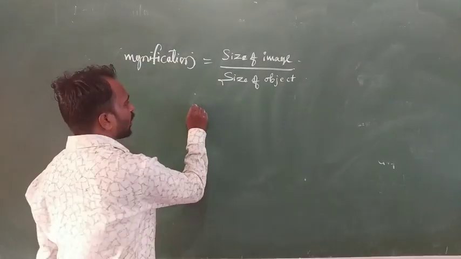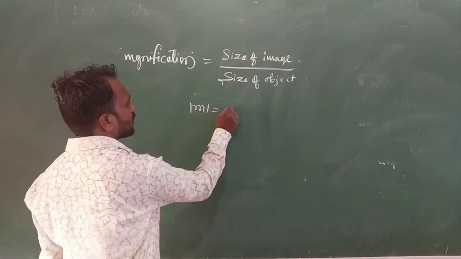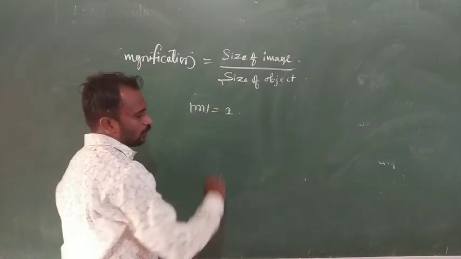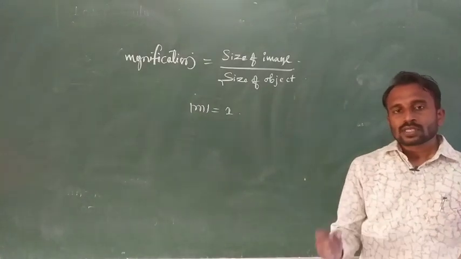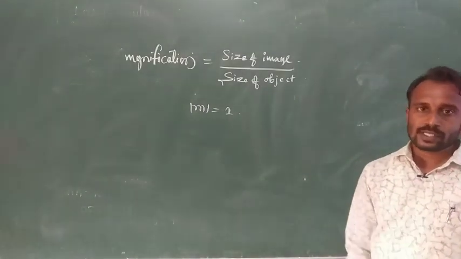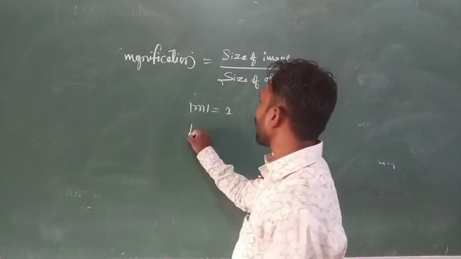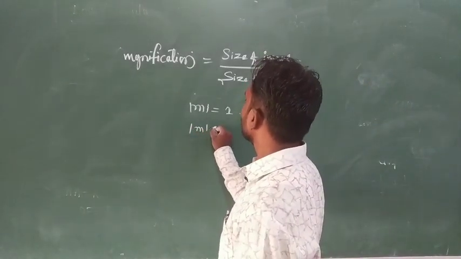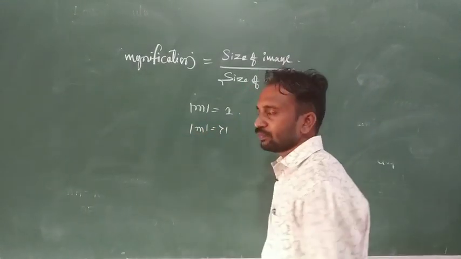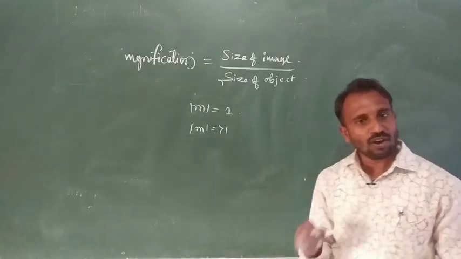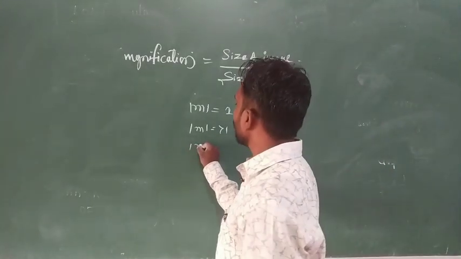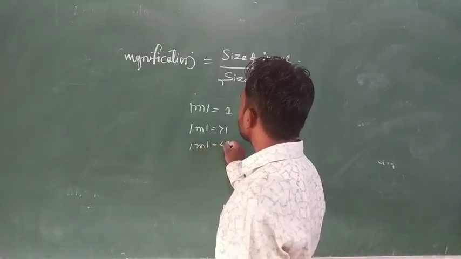Suppose this magnification value is equal to 1. It means size of image is equal to the size of object. Suppose magnification value is greater than 1. It means size of image is greater than size of object. Suppose magnification value is less than 1.